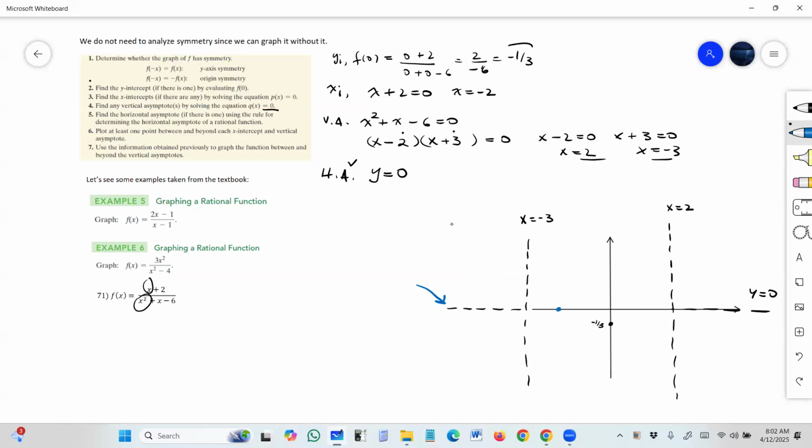So, here's my root, x equals -2. All right, so I have a couple of regions I have to test. I have these 6 regions I have to test. Okay? So let's test them all.